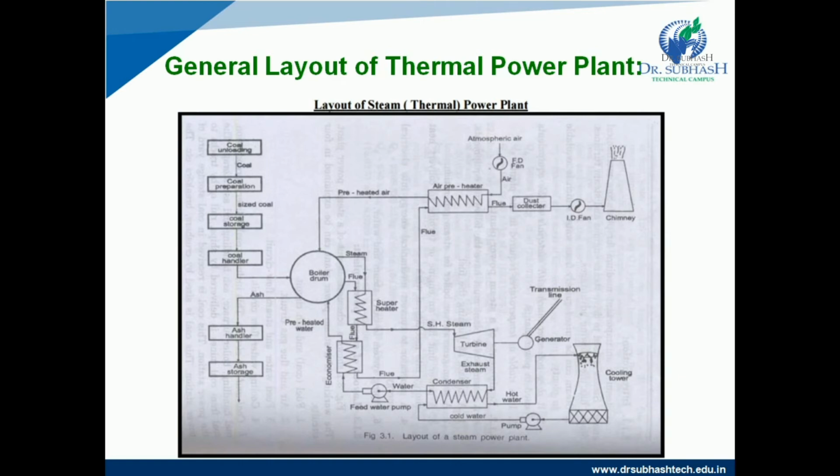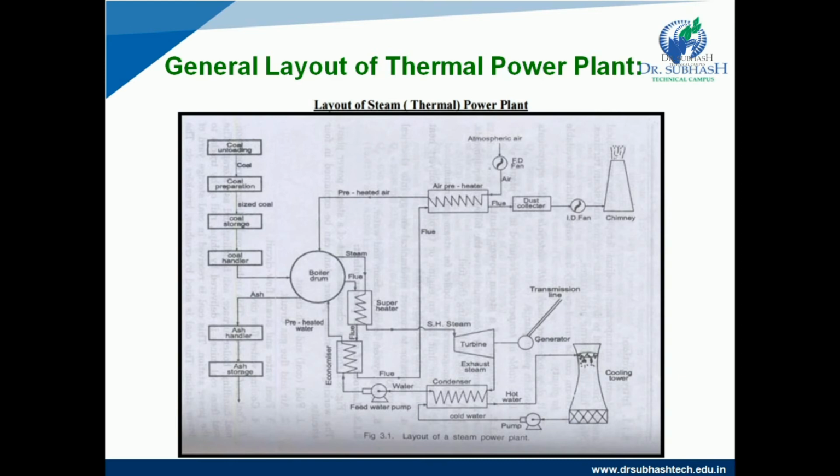One of the most important advantages is less initial cost as compared to other generating stations, and the requirement of land is also less as compared to the hydropower plant, and the cost of the fuel which we are using in the thermal power plant, like coal, is also cheaper compared to the others. Right? The cost of generation is lesser than that of the diesel power plant also. These are the advantages of the thermal power plant.